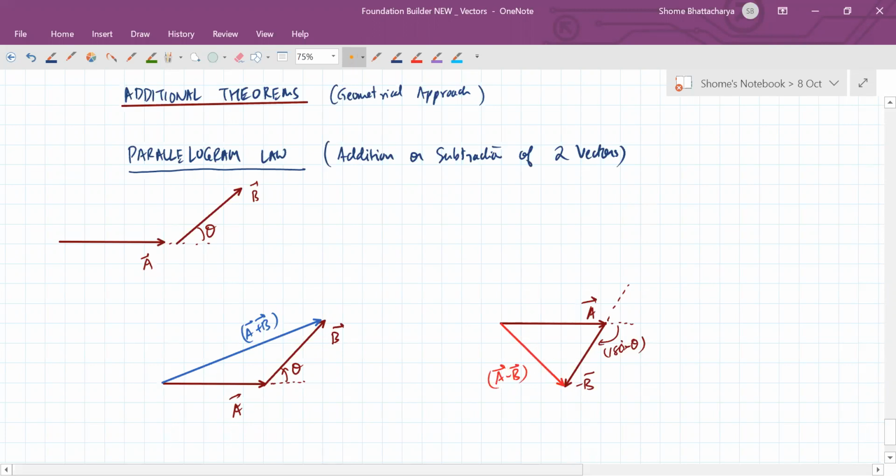Now we have seen this theorem before, so there's nothing new in this. And we know the related formula also.